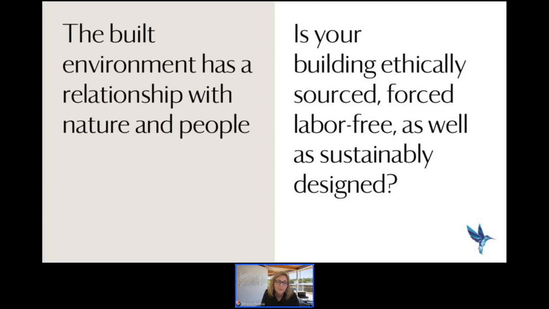And to complete the full picture of the life cycle of building materials, we are considering embodied labor or embodied suffering alongside when we're examining embodied carbon. So forced labor is subsidizing right now the opaque and complex global building material supply chain, yet the issue remains remarkably unrecognized worldwide.